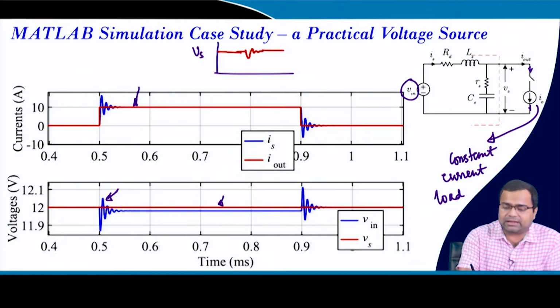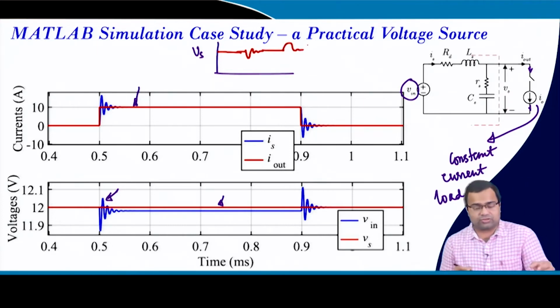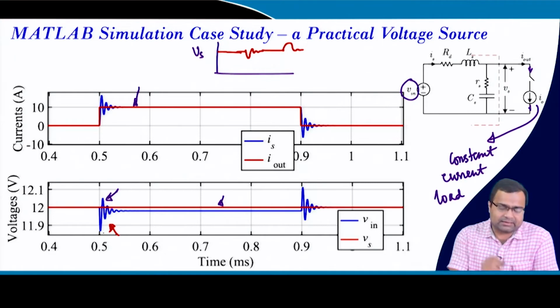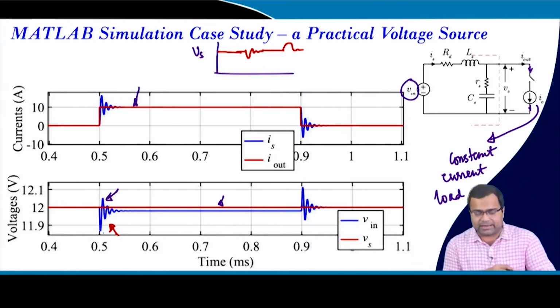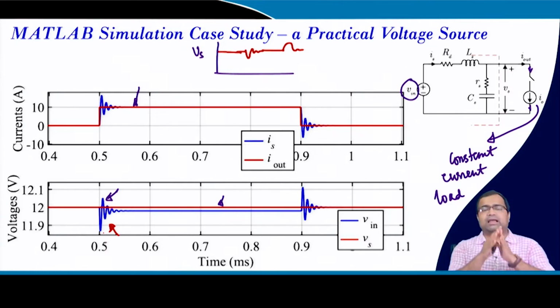Again, if you remove the current, there will be some undershoot effect. This is exactly what the blue trace is indicating. That means there is a transient effect due to the finite bandwidth of the voltage source, and the voltage source will respond to the transient current if you apply some step current.